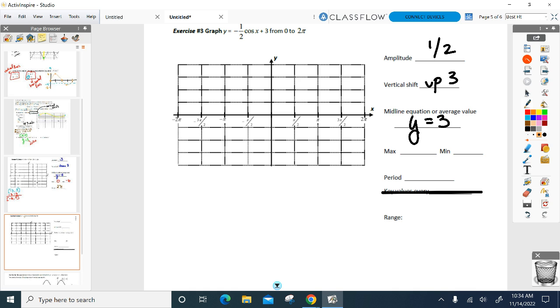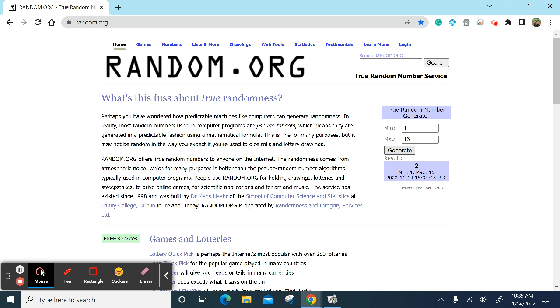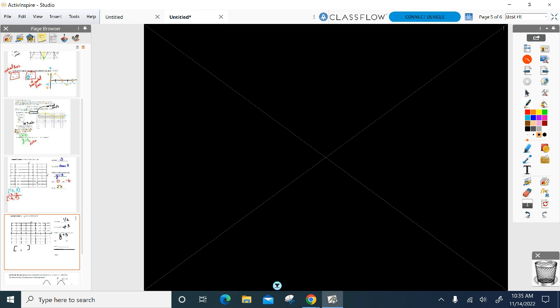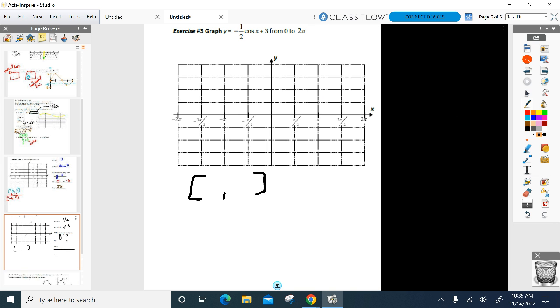Max and min. Before you went up 3, so cover up the up 3. What was the max and min before we went up 3? Good man. Negative 1/2, positive 1/2. And then we took those points and went up 3.